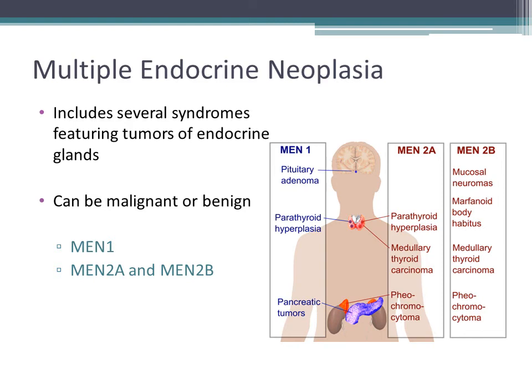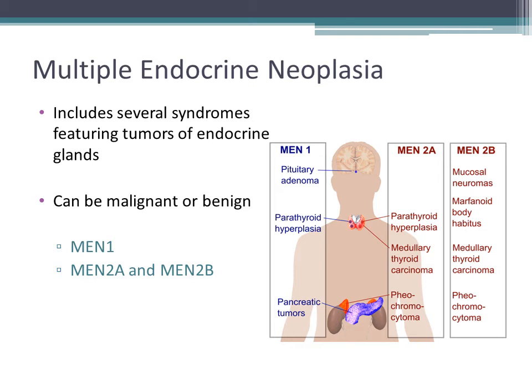You can see here in the figure in blue on the left side, MEN1 includes pituitary adenoma, parathyroid hyperplasia causing hypercalcemia, and pancreatic tumor. The pituitary adenomas could be secretory or non-secretory. The pancreatic tumors could be functional or non-functional. If they were functional, they might produce too much glucagon, or too much insulin, depending on the situation.